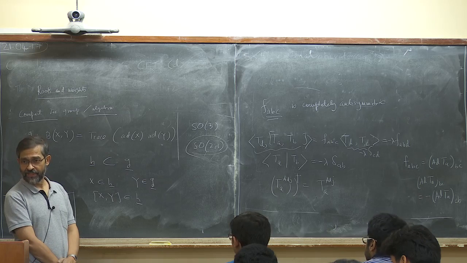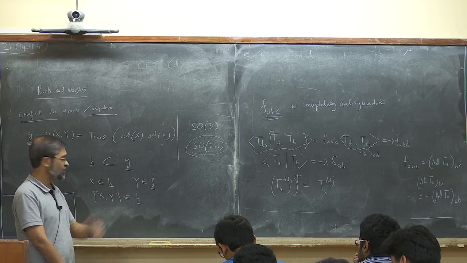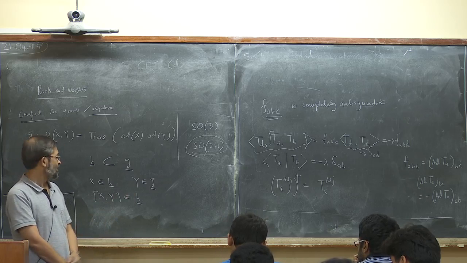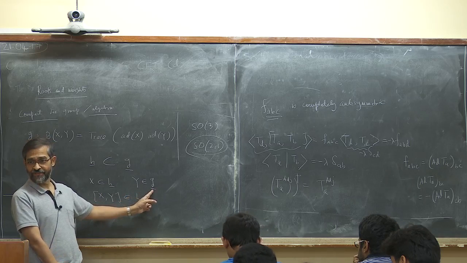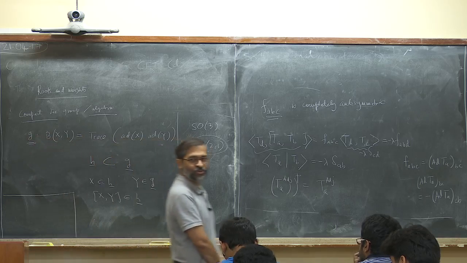So for a simple Lie algebra, there is no such thing other than H is G itself, or H is the zero vector. Those are the two trivial invariant subalgebras.